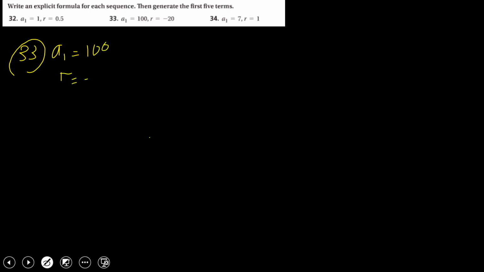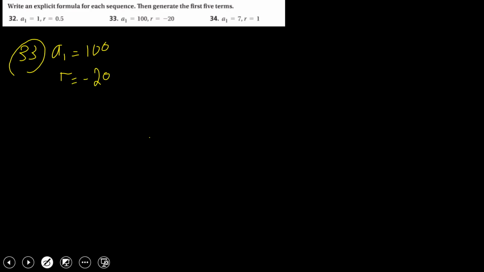Let's find number 33. Number 33 here, I have a sub 1 is 100 and r is negative 20. He asked me now to write an explicit formula.